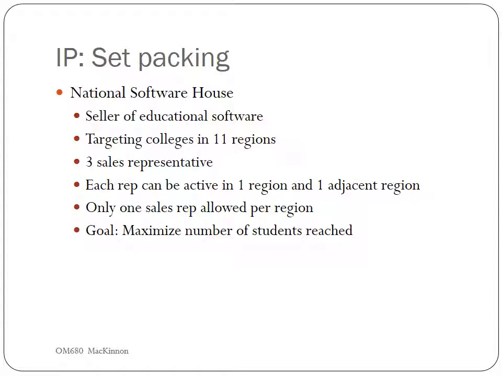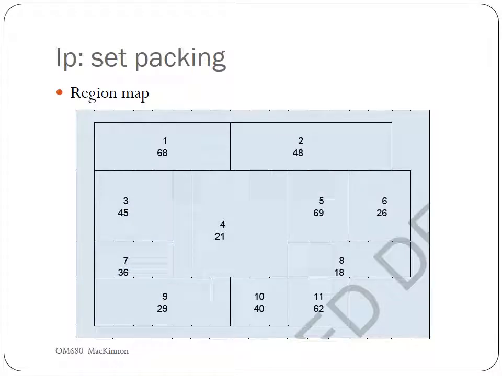Only one sales rep is allowed per region, so we don't want them to overlap. The goal is to maximize the number of students reached. So here's the map. There are 11 regions, and for example, region 1 has 68,000 students, region 2 has 48,000 students, and so on.